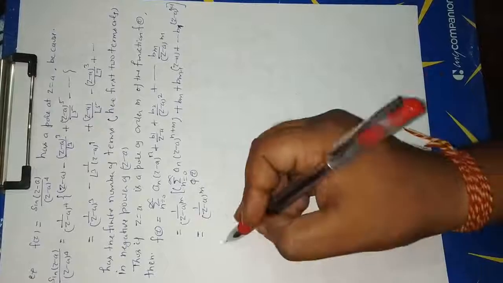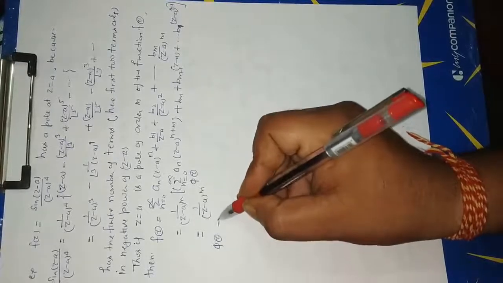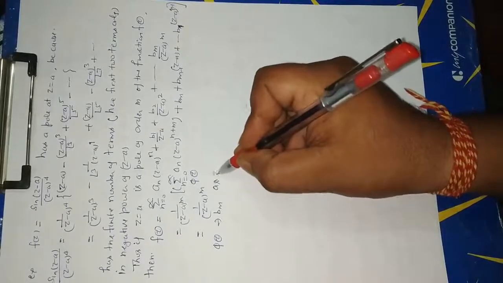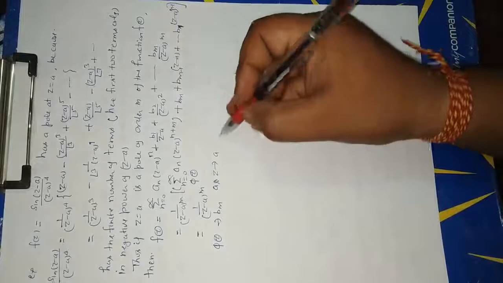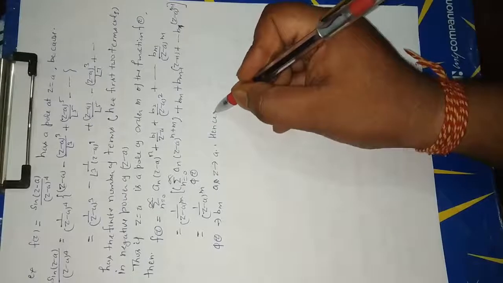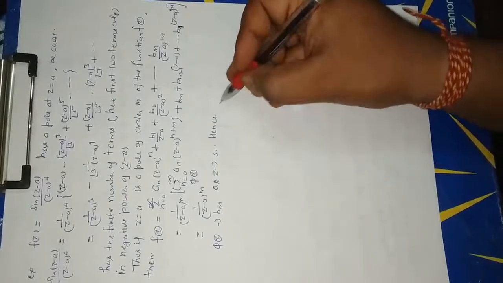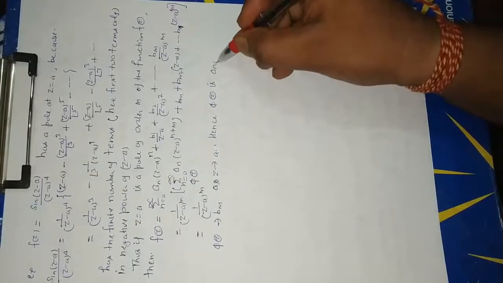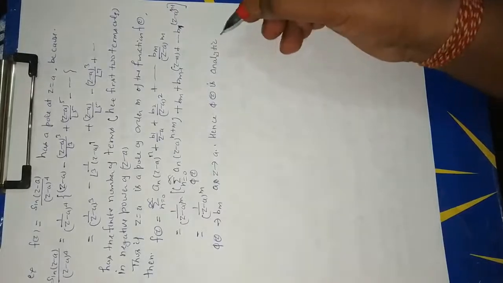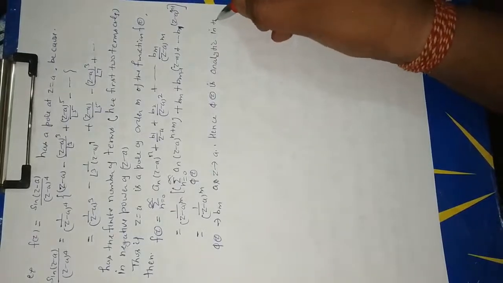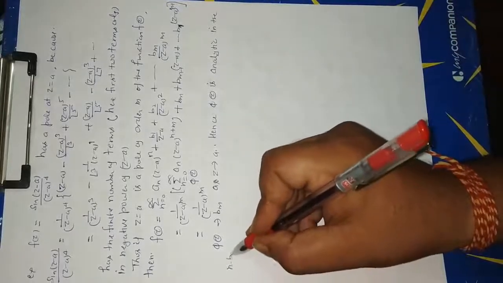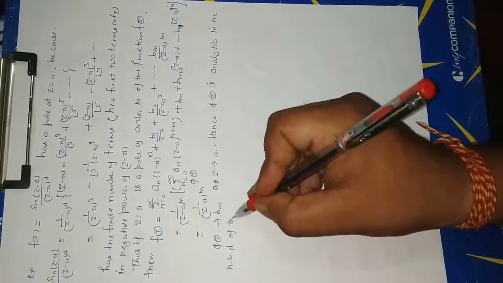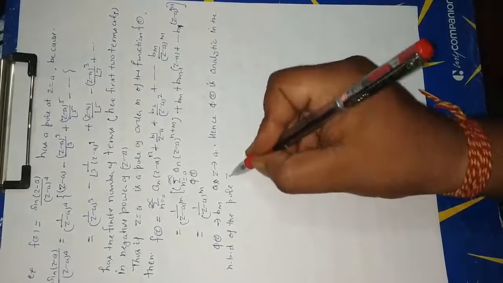Okay, since phi(z) tends to b_m as z tends to a, hence phi(z) is analytic in the neighborhood of the pole z equal to a.